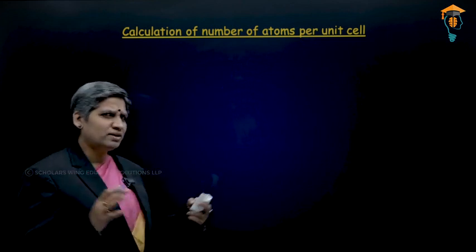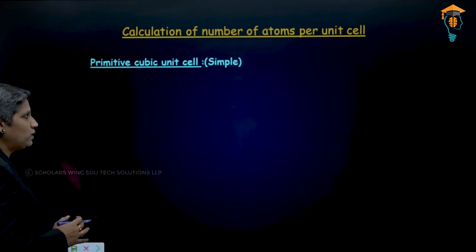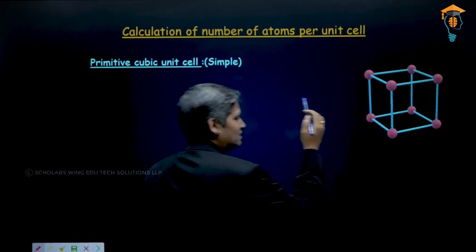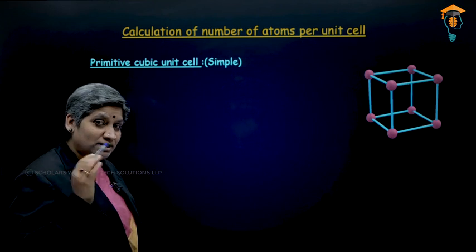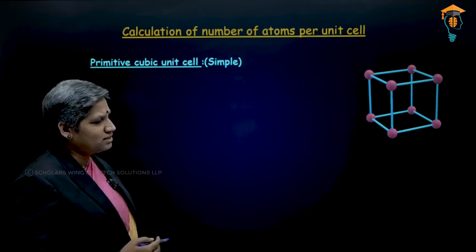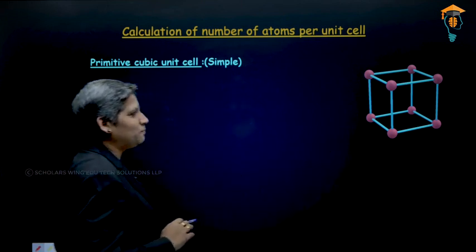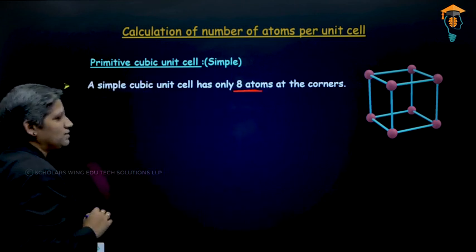Okay, we'll take up different types of unit cells. To begin with, let us consider primitive cubic unit cell or the simple type. This is the unit cell which is representing the simple type because it has the particles, or let us call atoms throughout our discussion, only at the corner positions, isn't it? Therefore, there are 8 atoms at the corners.